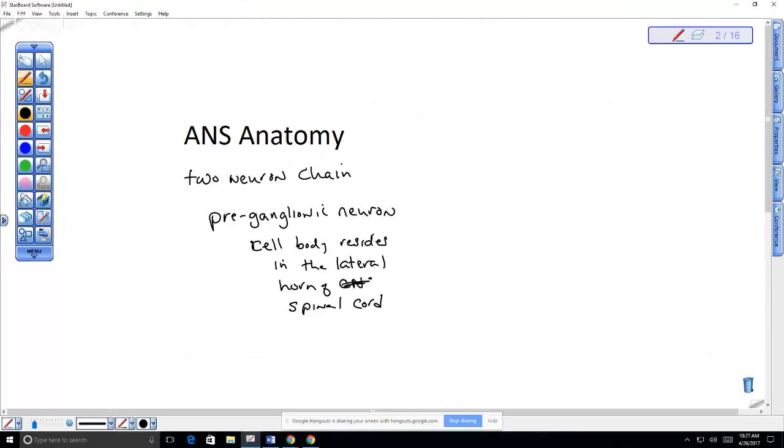So then this extends to the ganglia. The ganglia, remember, is only found in the PNS, the peripheral nervous system. The ganglia are bundles of nerve cell bodies that exist outside of the central nervous system, so outside of the spinal cord, for example. And then from the ganglia, they go to the organ, and they travel via the postganglionic neuron.